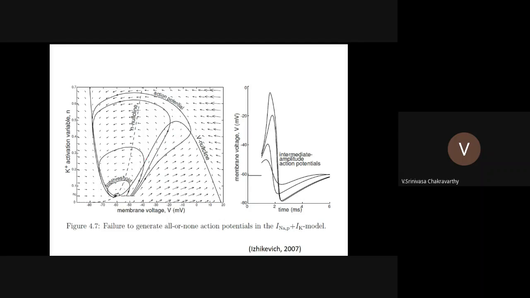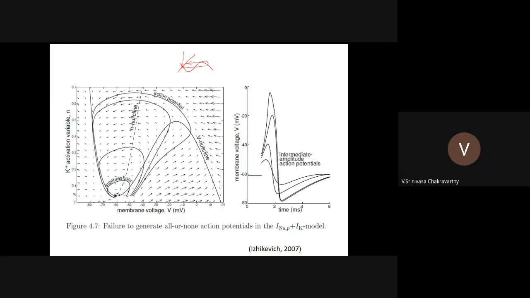But what is interesting is, just like in the case of the FitzHugh-Nagumo model, where the intersection looked something like this, although this is only a fixed point, if you start from slightly away from there, you make this long circuit and come back. Here also something similar happens, but it's slightly different in nature compared to the FitzHugh-Nagumo model.